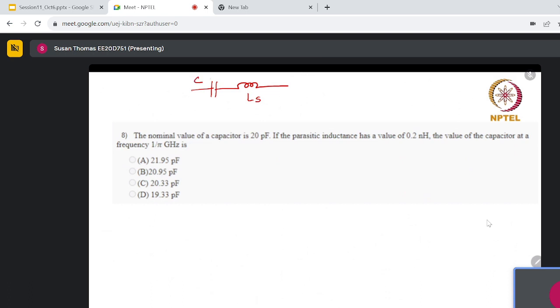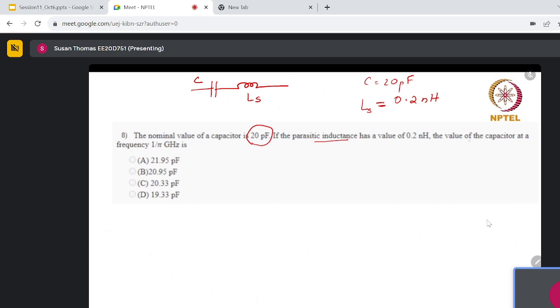So this is C and this is Ls. Here the nominal value of the capacitor C is 20 picofarad and the parasitic inductance Ls is 0.2 nanohenry.